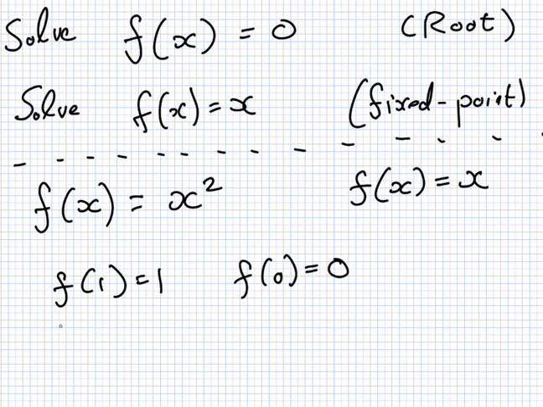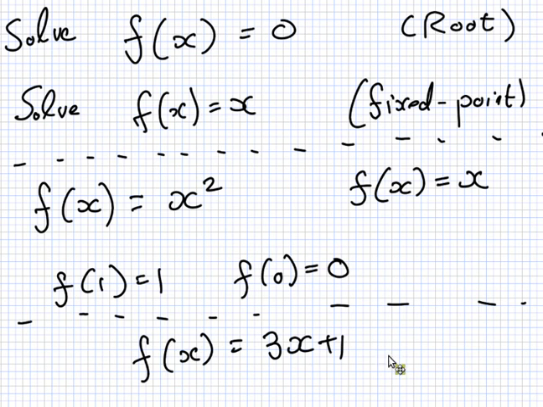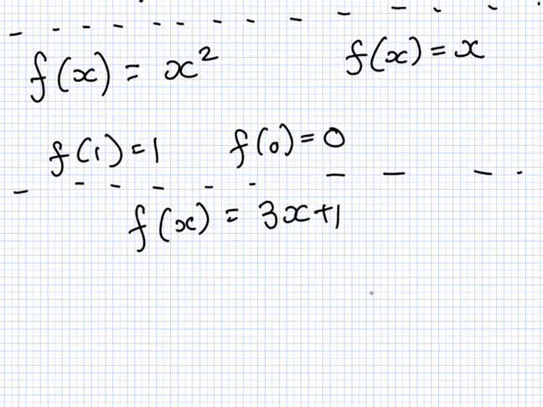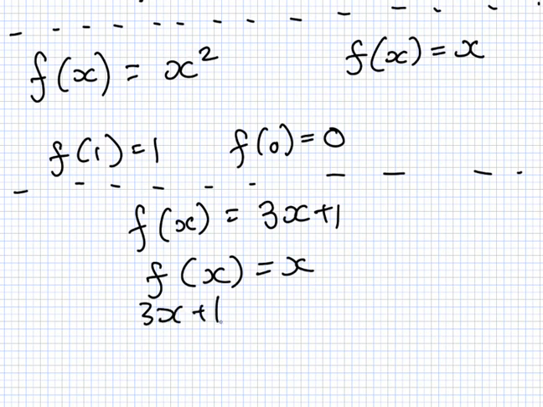Okay. Let's have a look at one that's a little bit more difficult. So let's say I had f of x, I don't know, equal to 3x plus 1. So what I'm trying to do here is find when f of x equals x. So that's when 3x plus 1 equals x. So that's when 2x equals minus 1.